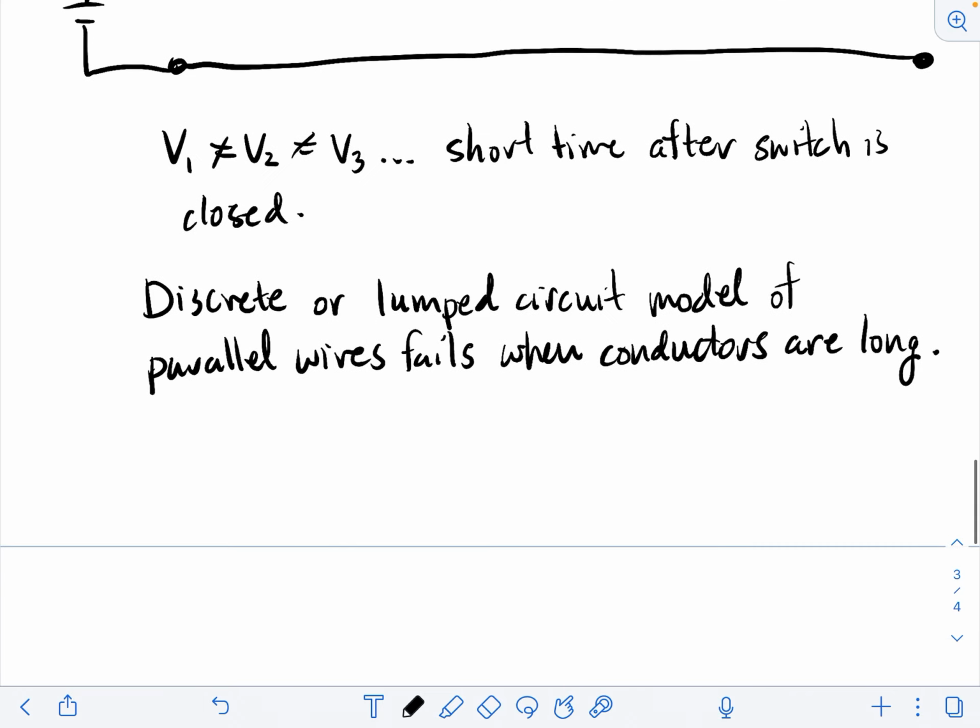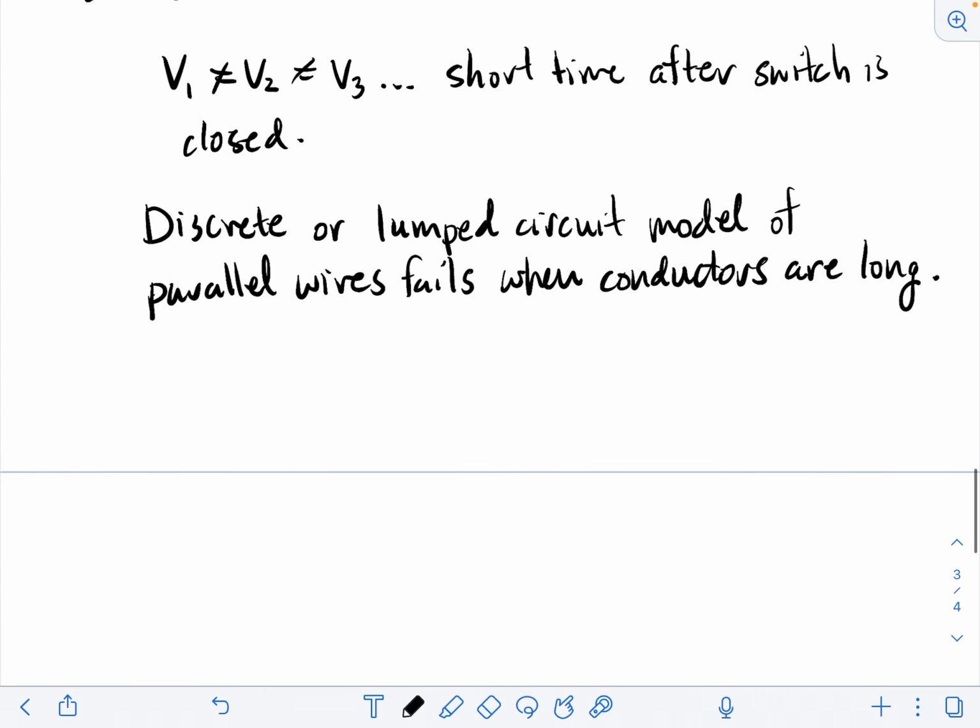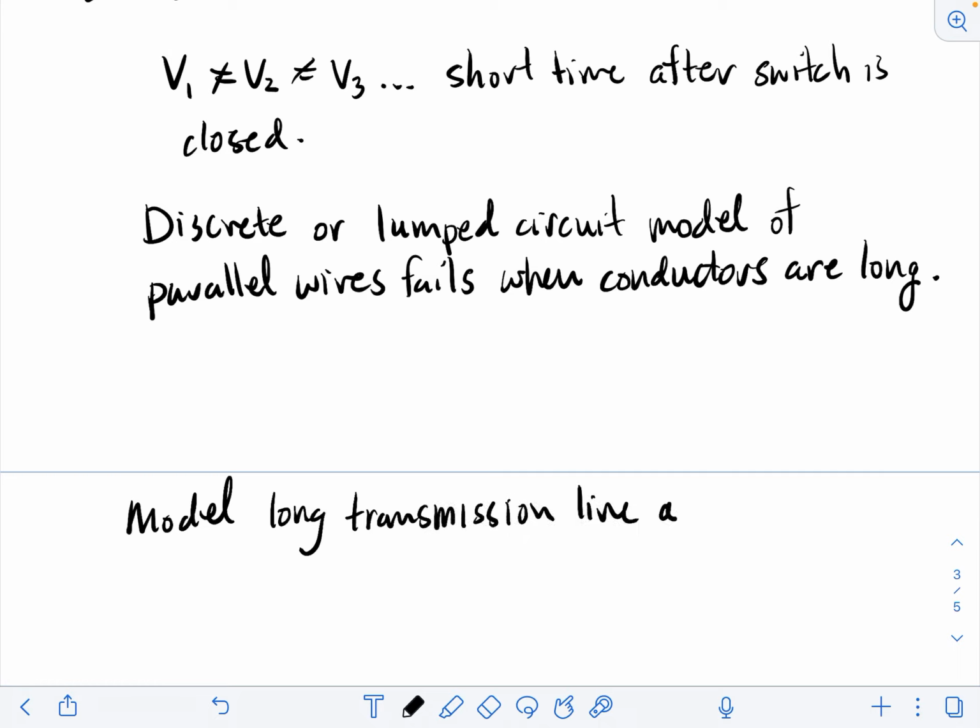Okay, so what we're going to do is come up with what's called a distributed model. We're going to model the long transmission line as a distributed LC network.